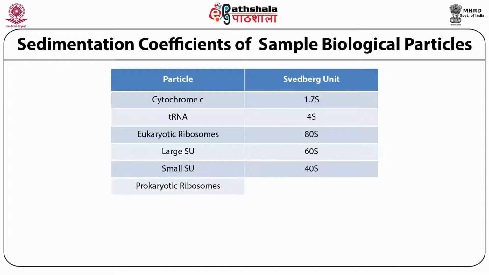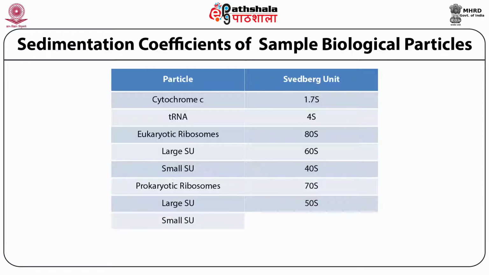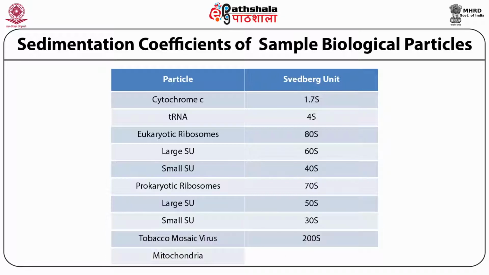Similarly, the prokaryotic ribosome is 70S, with a larger subunit of 50S and a smaller subunit of 30S. A bigger molecule like the tobacco mosaic virus has an S value of 200S, and the mitochondria have 20,000 to 60,000 S. So these are the S values usually used for the calculation or measurement of the properties of biological molecules.